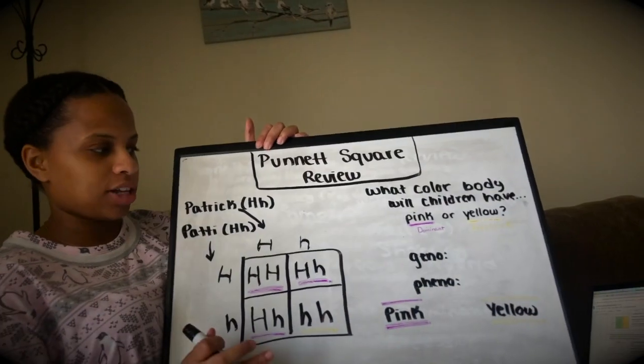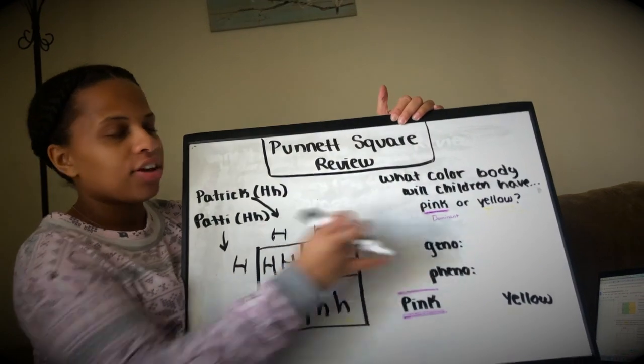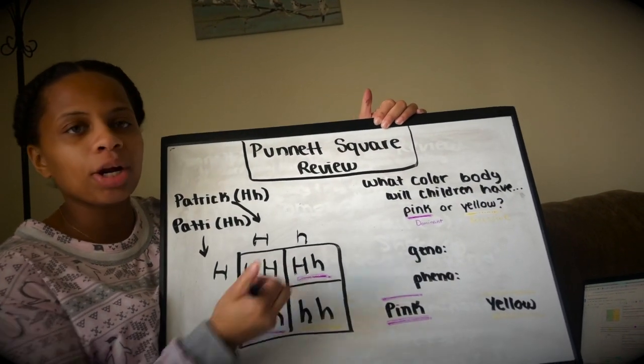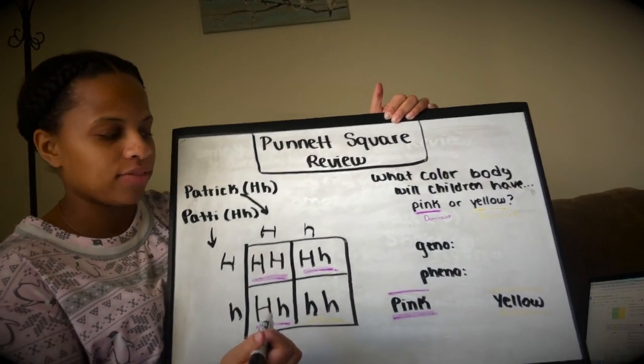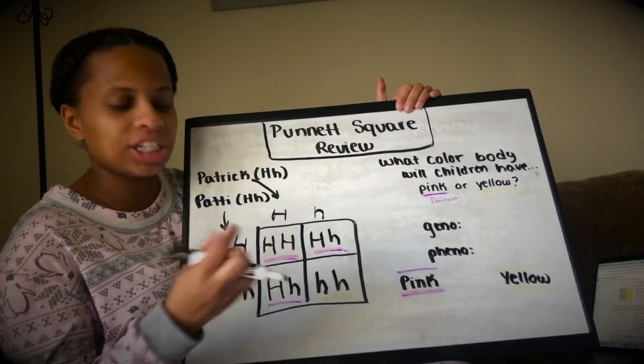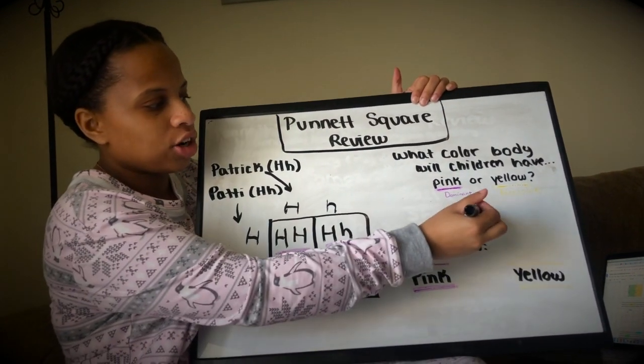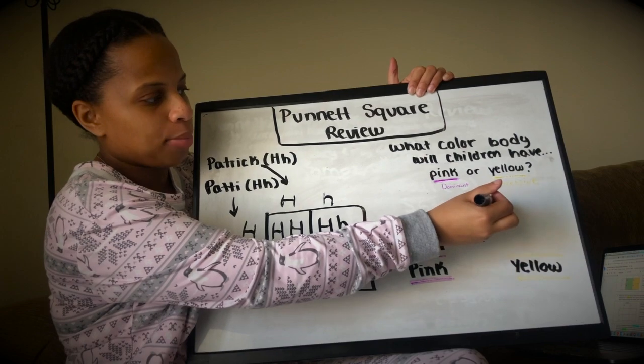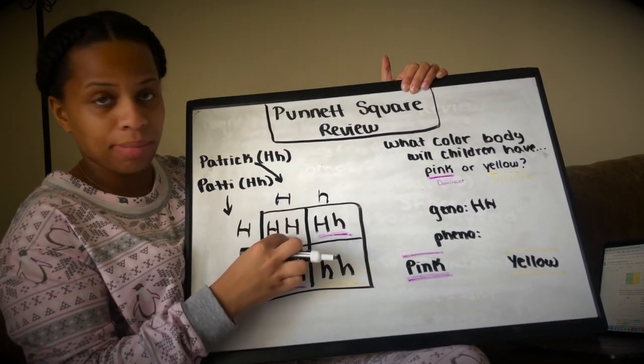Alrighty. So now we have to answer the question about the genotype. The genotypes of the children. So we're looking in our Punnett square to see what genotypes we have. And remember, genotypes are those genes, those alleles. So one genotype we have is a capital H, from this box.